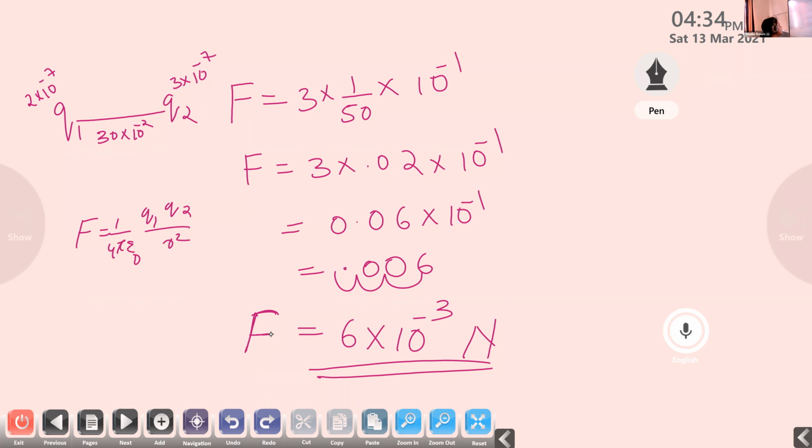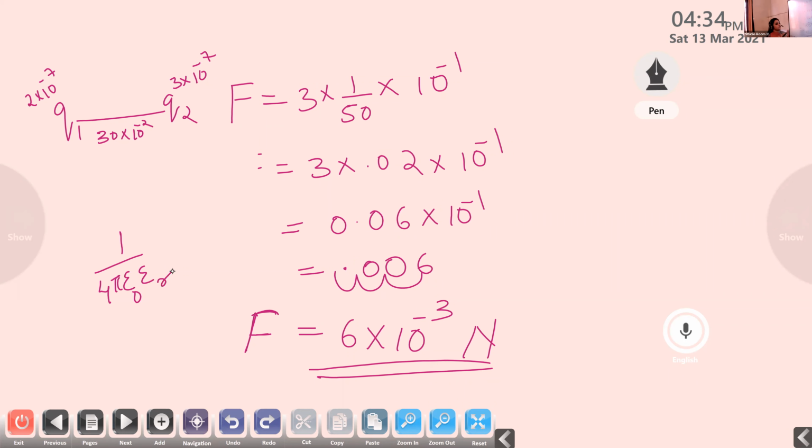Do you have any doubt with this problem? Ma'am, since it is given that it is kept apart in air, should we not use epsilon r? Yeah, here the charges are kept in air, right? That is why we are using epsilon 0. Air means it is free space. If any medium is present, like solid or liquid mediums, then only we use 1 by 4 pi epsilon 0 epsilon r.